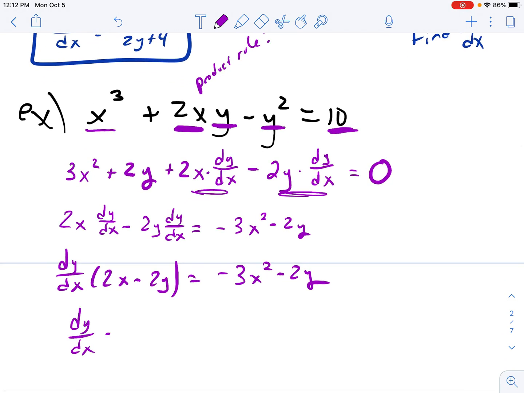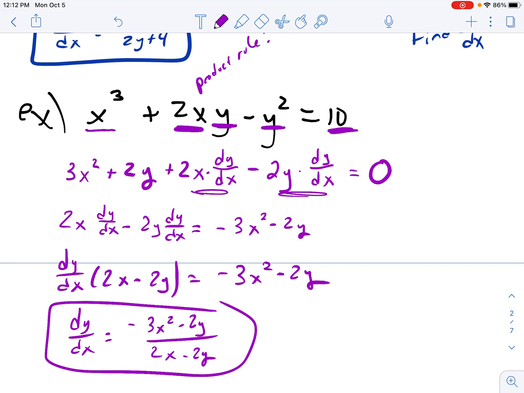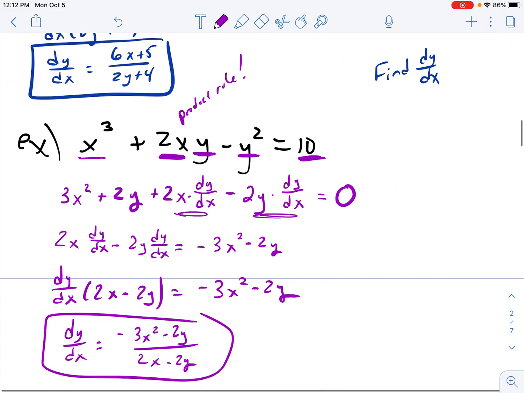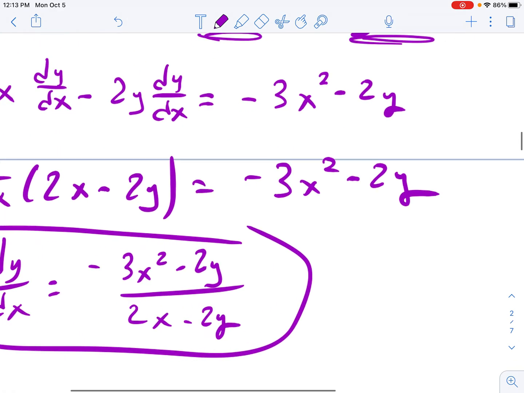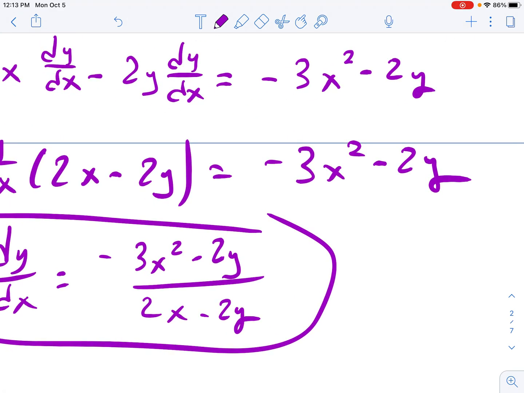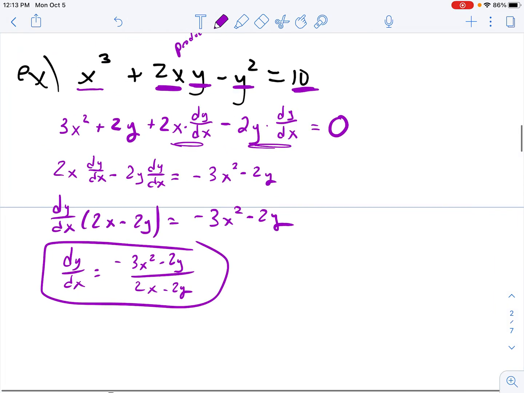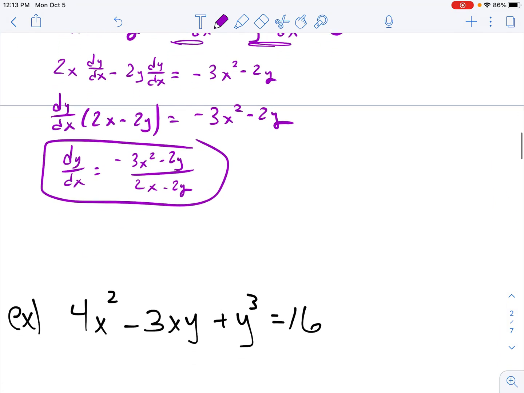It looks like, at the end of the day, dy/dx is negative 3x squared minus 2y over 2x minus 2y. And that's the general form of the derivative for this particular curve that we started with. If we wanted actual slopes of tangent lines, we can now start plugging in coordinates for x and y that were along this curve, and we can get the slopes of the tangent lines.